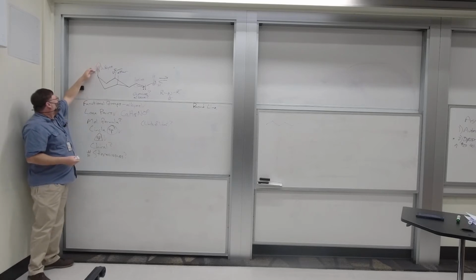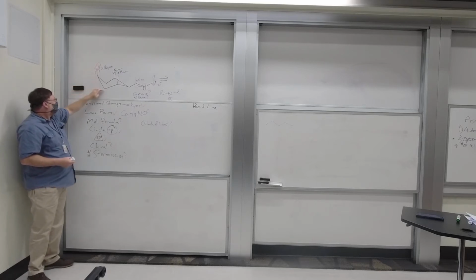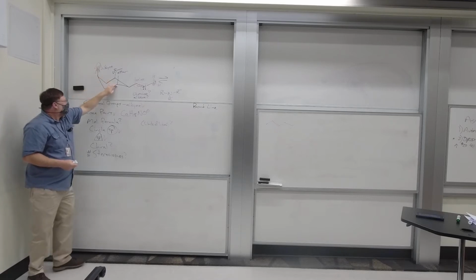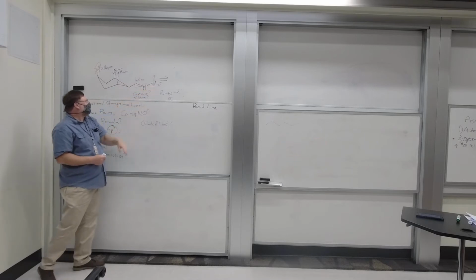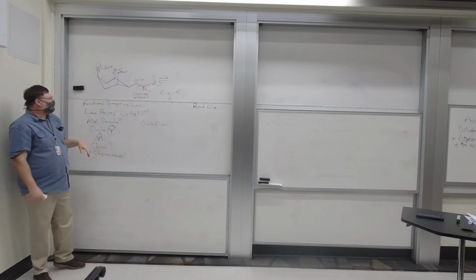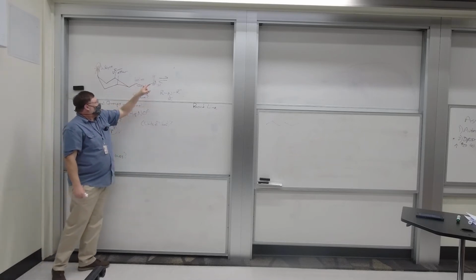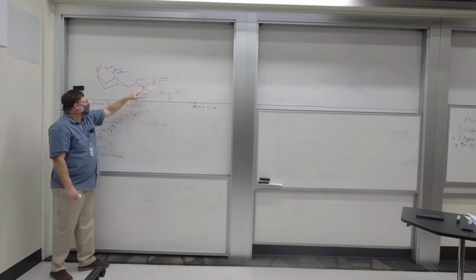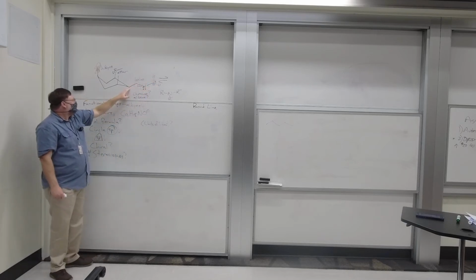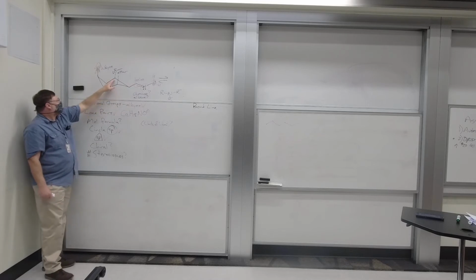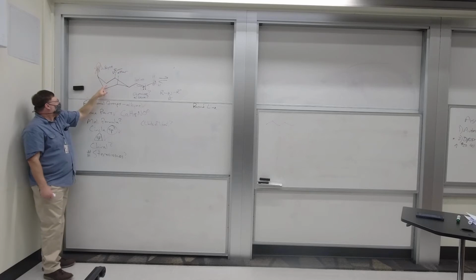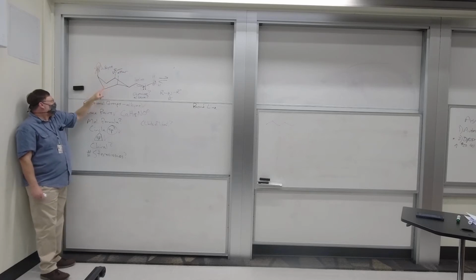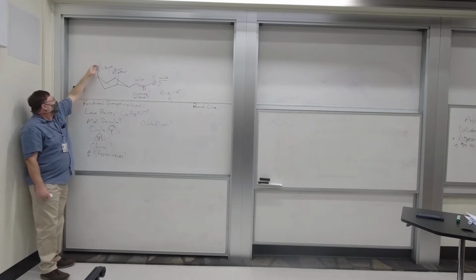1, 2, 3, 4, 5, 6, 7, 8, 9, 10, 11, 12. The N and O stand out. I'm going to work the other way here. 1, 2, nothing. 3, 4, 5, 6, 9, 12, 14, 16, 17, 18.